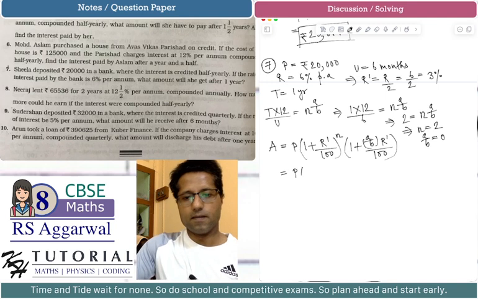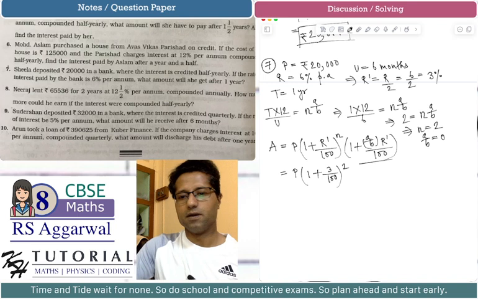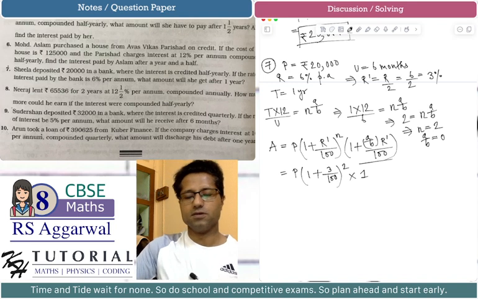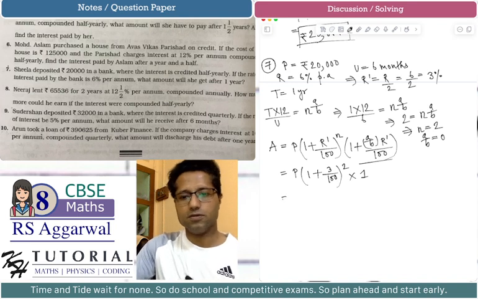Now R dash is equal to 3, 3 by 100. N is equal to 2, and this part will become 1 since the fraction A by B is equal to 0. So this is equal to 103 divided by 100 square.